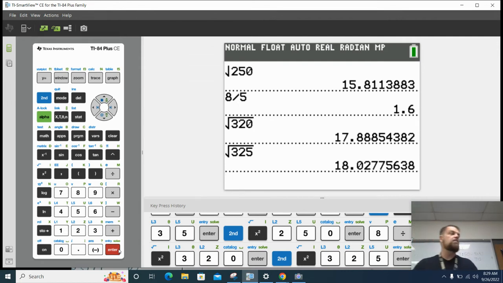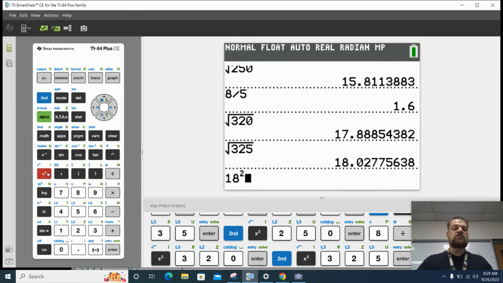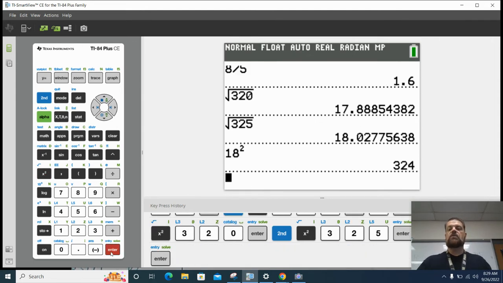Think of a number in between those that is rational or even a whole number. Yes. 16 is not between those two numbers. What about 18? If I square 18, that's 324.